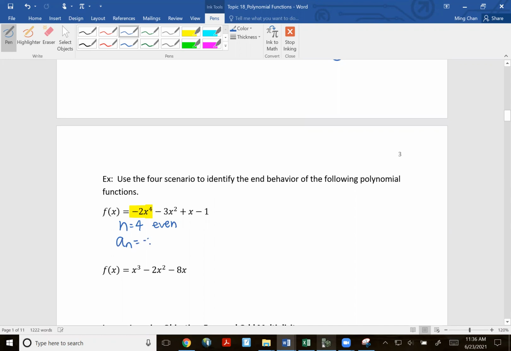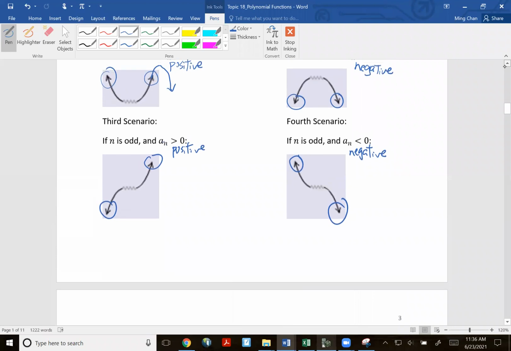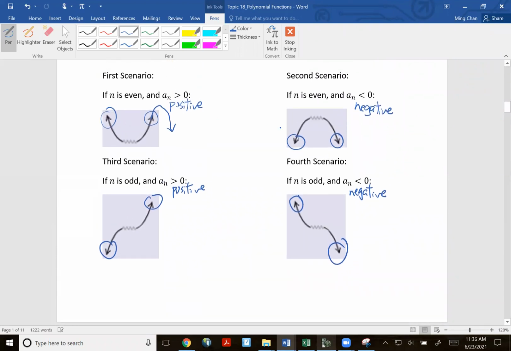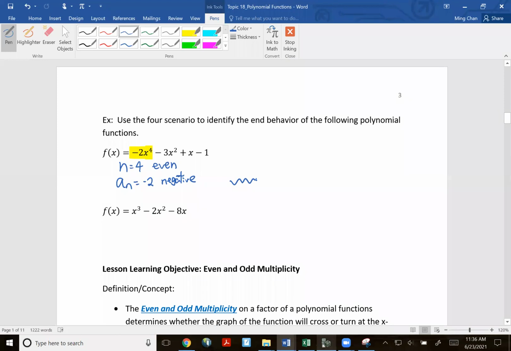The coefficient is -2, which is negative, less than 0. So which one is this compared to the four? Even, right? So is it the first or the second one? Since the leading coefficient is negative, it's the second one. Both will go down, with a scribble in the middle. The right side keeps on going down, and the other side will also keep on going more negative.